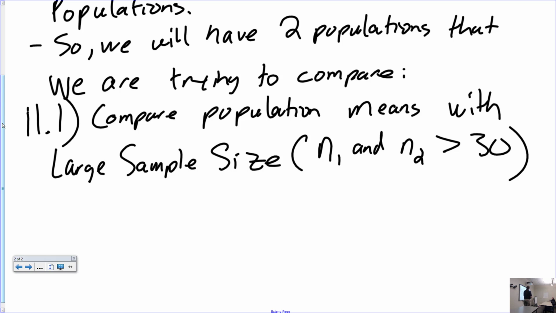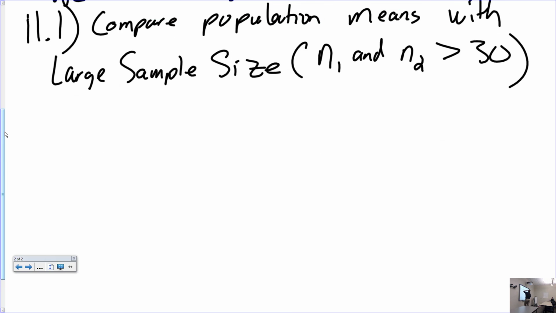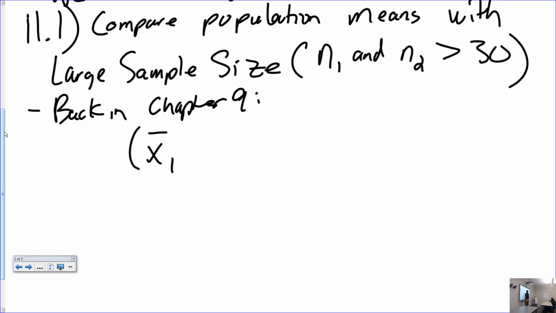Now, when we were back in chapter 9 doing confidence intervals, we would figure out a confidence interval for the difference between means. We're going to carry on a similar style, right? Back in chapter 9, we look at x bar 1 minus x bar 2 plus or minus e, right?